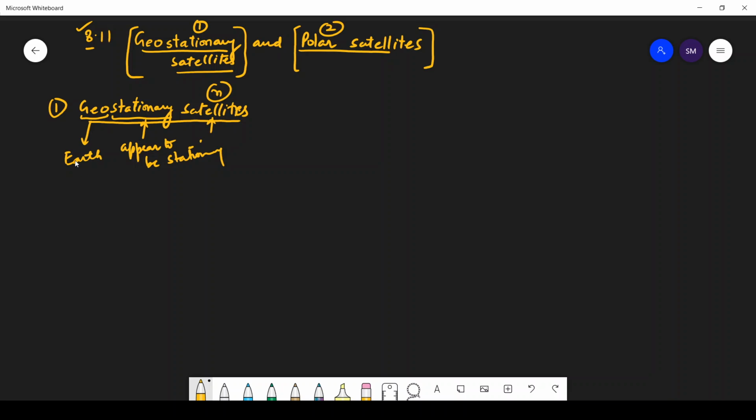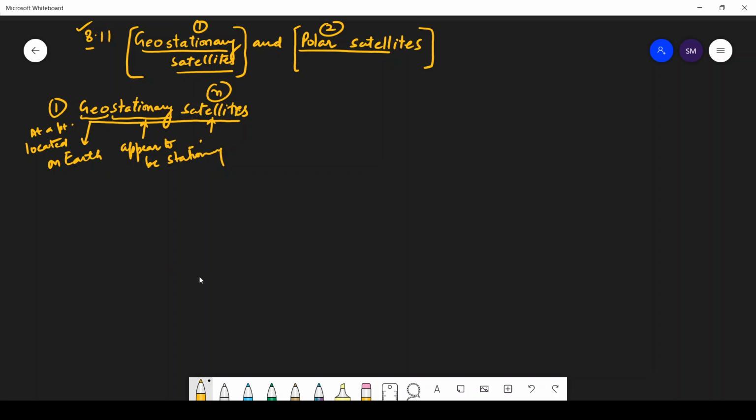So with respect to earth, somebody standing at a point located on the earth sees this satellite appear stationary.